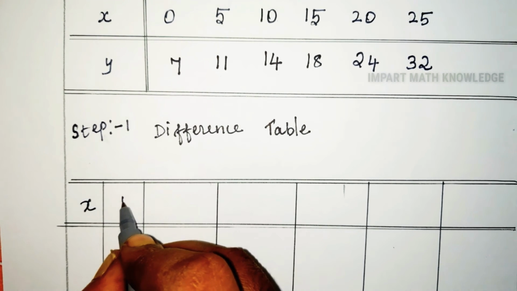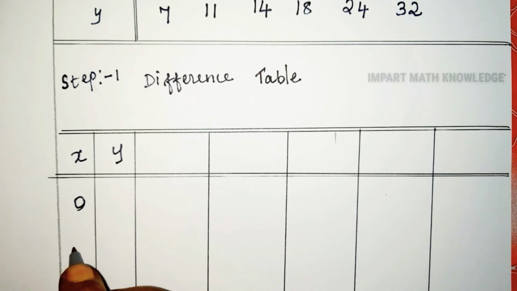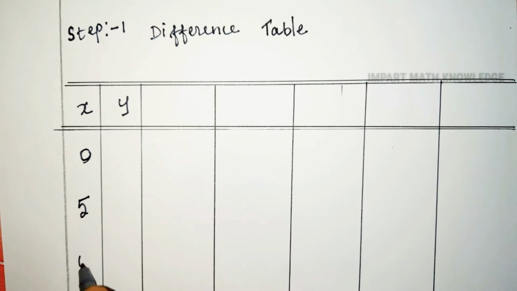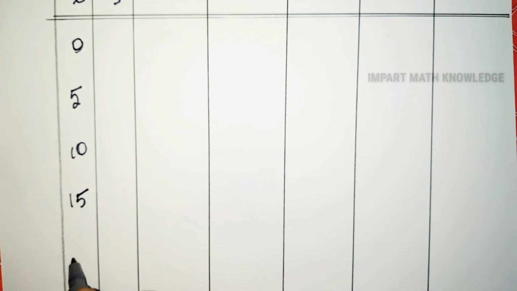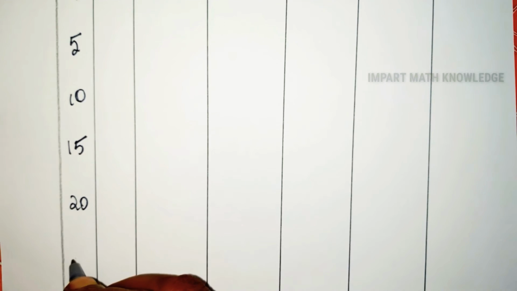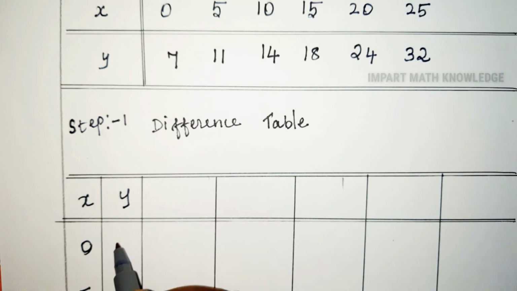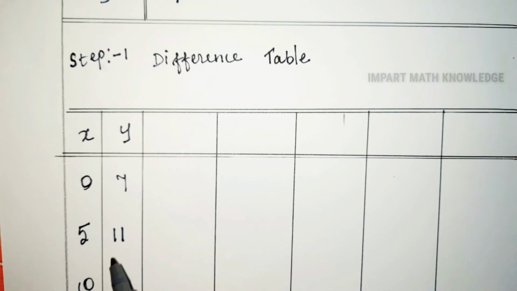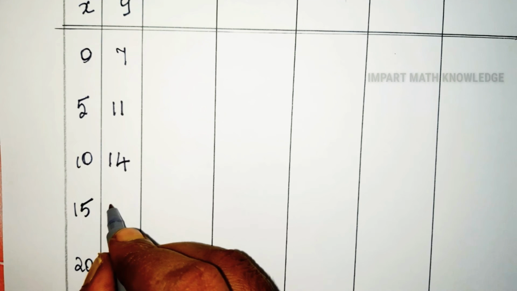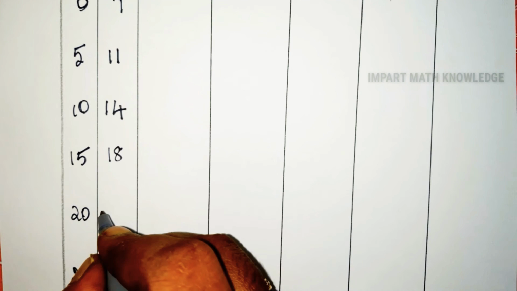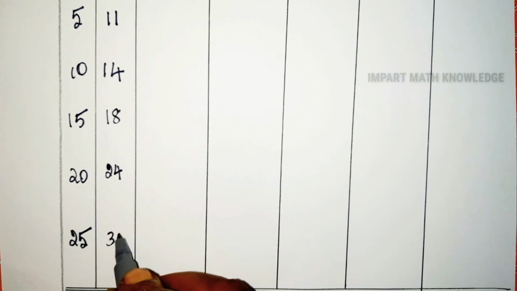x, y. x values are 0, 5, 10, 15, 20, 25. y values are 7, 11, 14, 18, 24, 32.